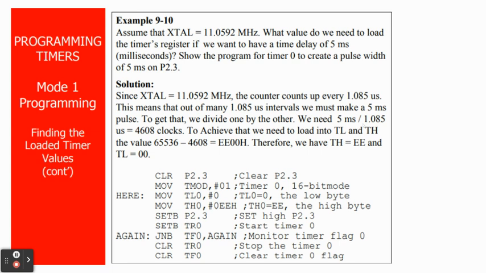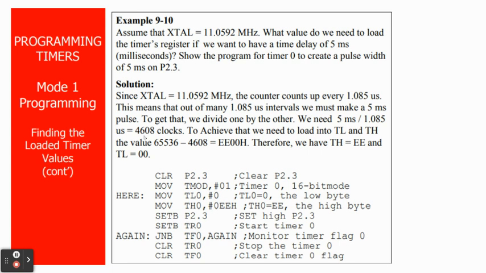We cannot divide millisecond by microsecond, so we have to change this to second, maybe by 5 multiplied by 10 to the power of minus 3, and 1.085 microsecond will be 1.085 multiplied by 10 to the power of minus 6. And there you go, you will get 4608.